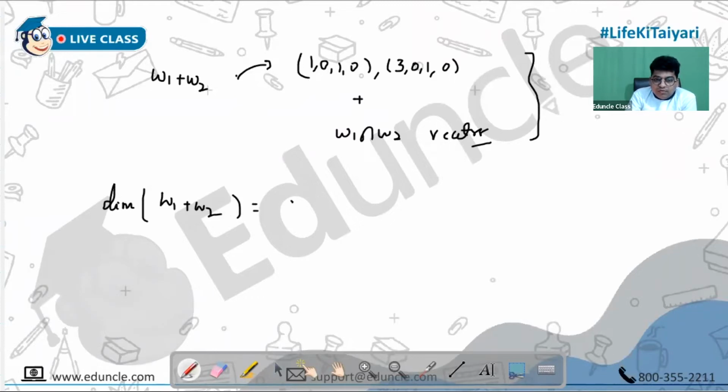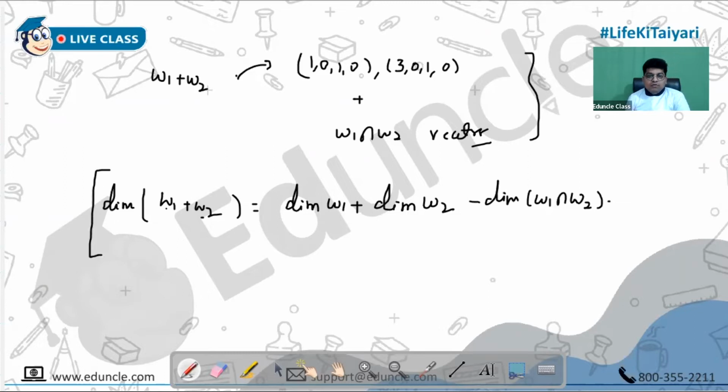The dimension of W1 plus W2 is dimension of W1 plus dimension of W2 minus dimension of W1 intersection W2.